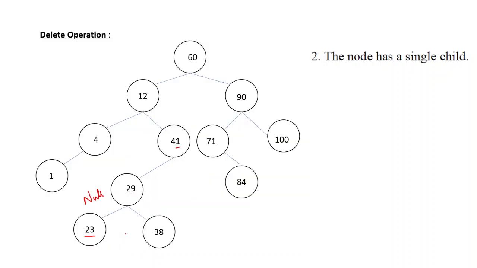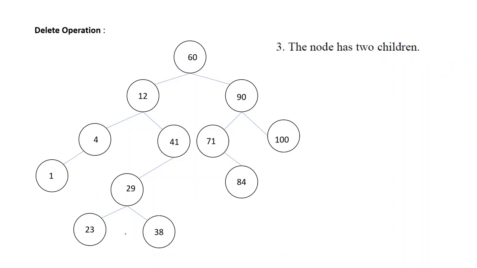Now we'll move on to the third case. The third case is where the node has two children. So let's say we are trying to delete this particular node 12.